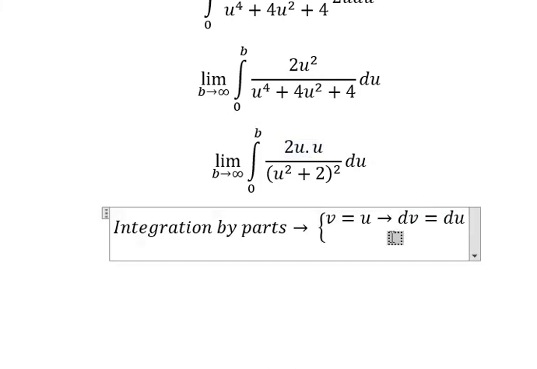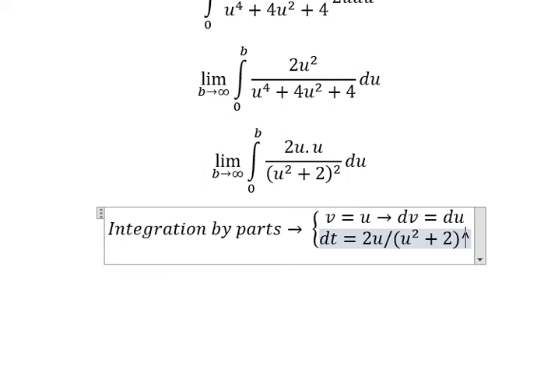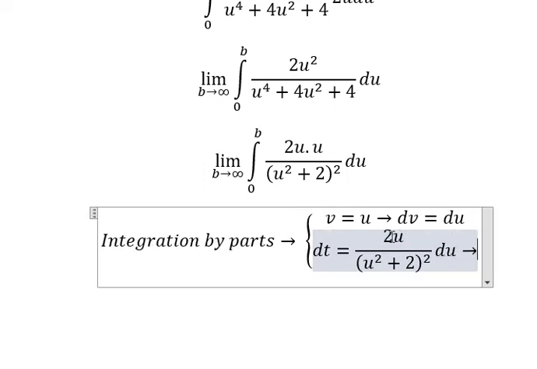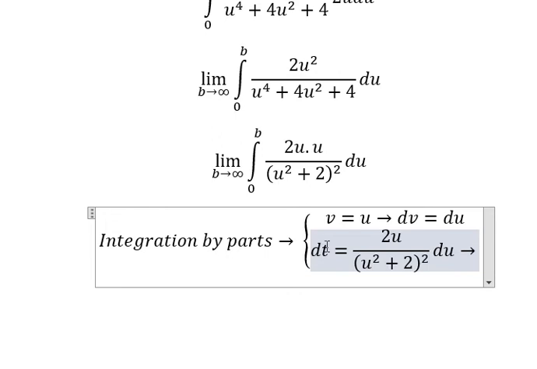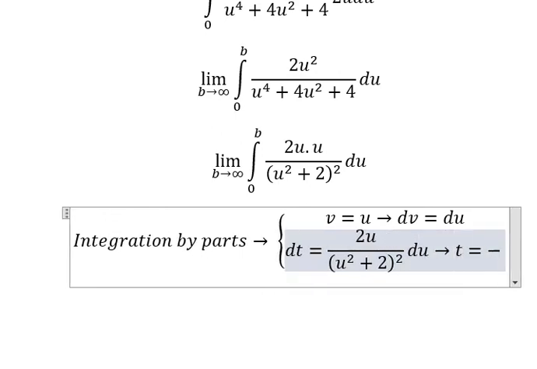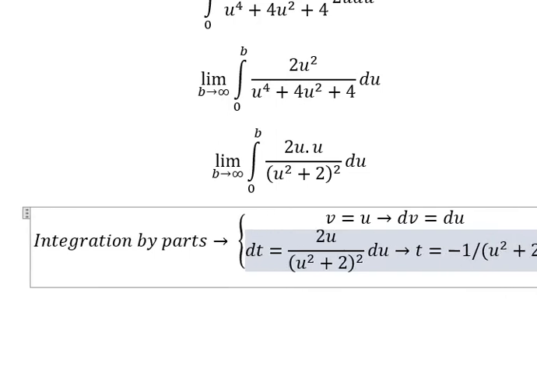And the next one, we have dt equals 2u over (u squared plus 2) to the power of 2, and we have du. So if we do the integration of this one, you get t equals negative 1 over u squared plus 2.